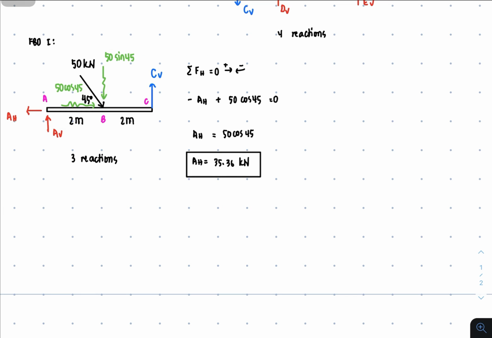Okay, next is we're gonna do the summation of moment about either point A or point C because these are the only 2 points that has reactions.